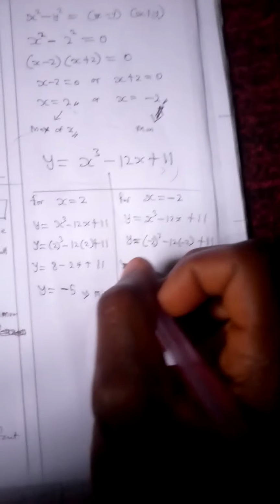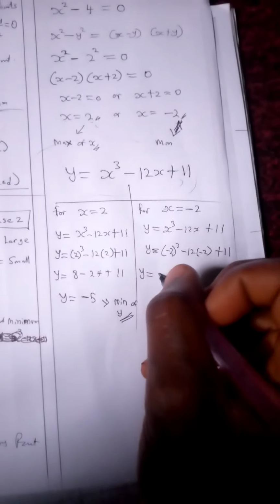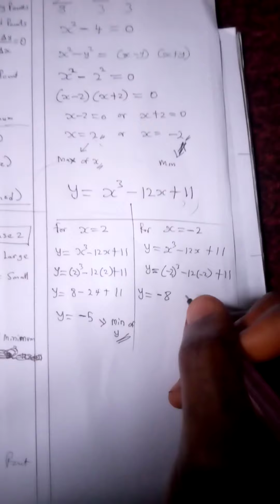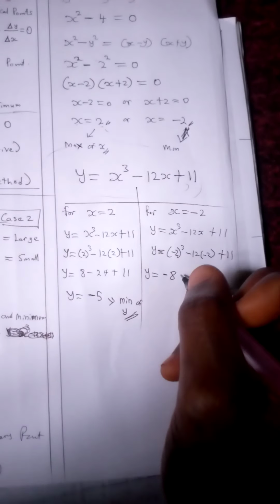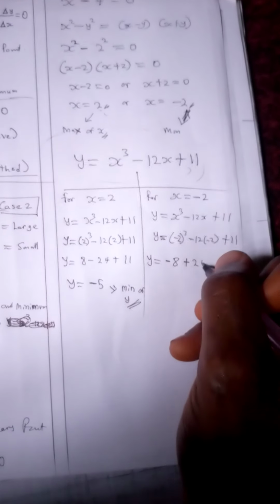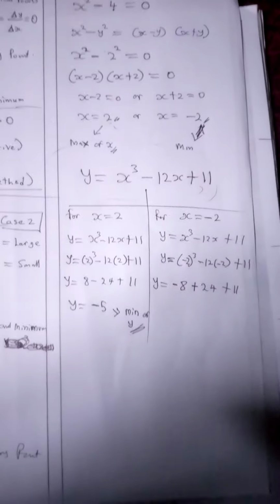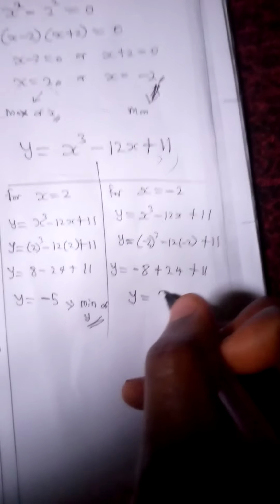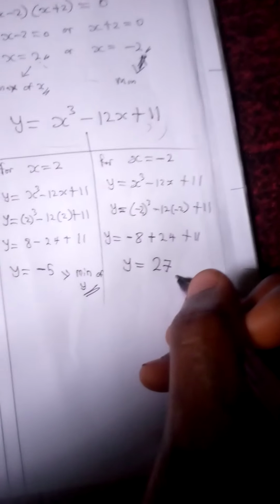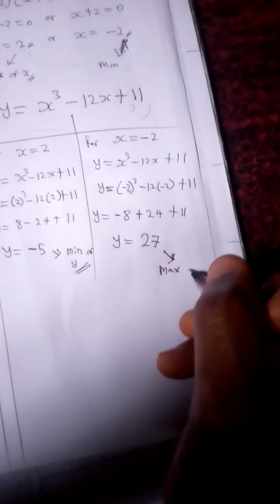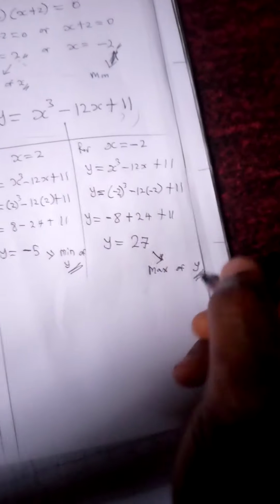So y will equal minus 8, then minus times minus gives plus 24, plus 11. When we simplify this, we have 27, and this is what we call the maximum of y.